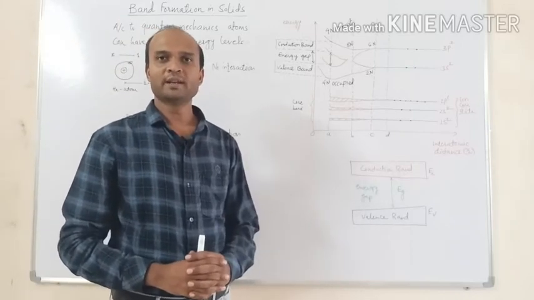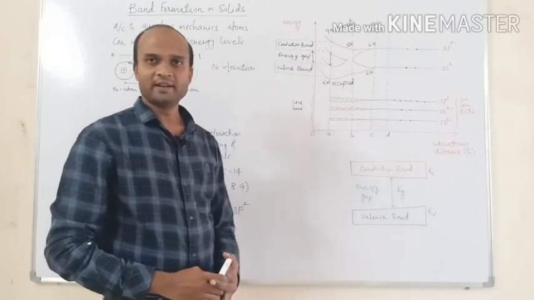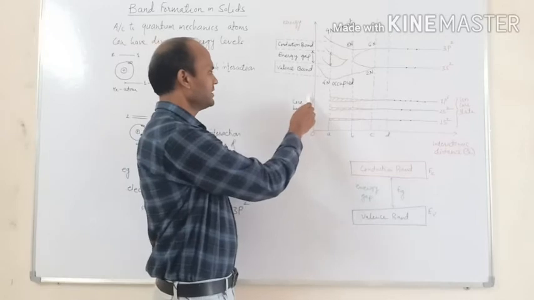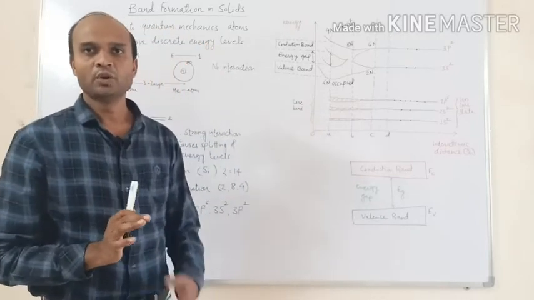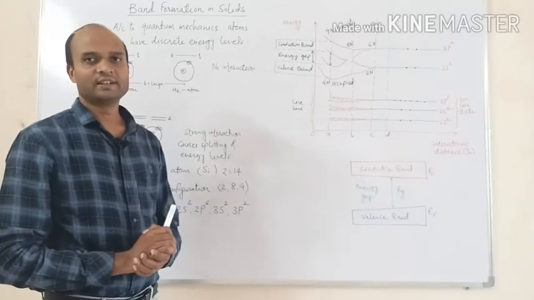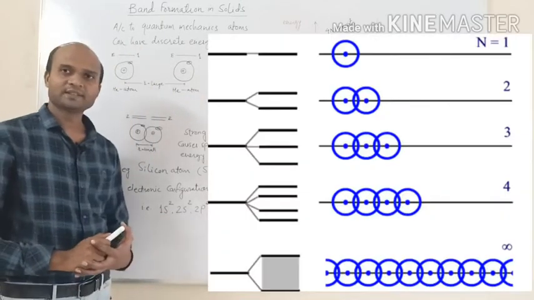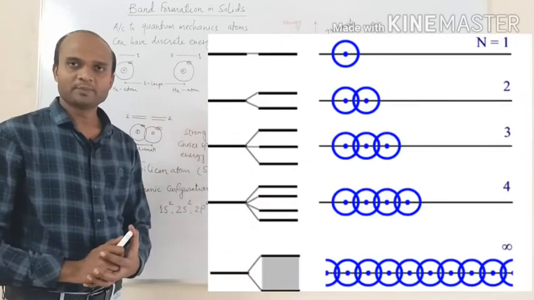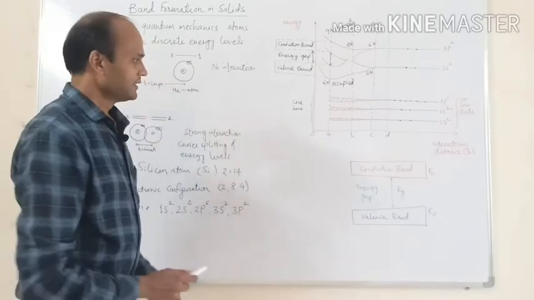The bands which are important for us are the valence band and conduction band, and that's why these core bands are neglected. So in this way, band formation in solids takes place. We have seen how the band formation takes place. Quantum mechanics is responsible, and especially Pauli's exclusion principle.